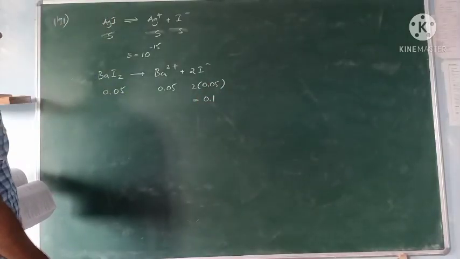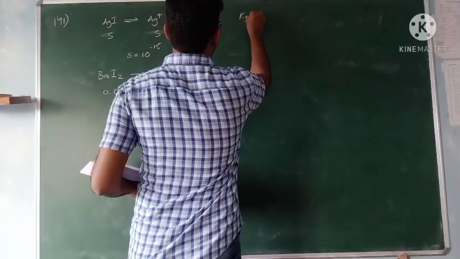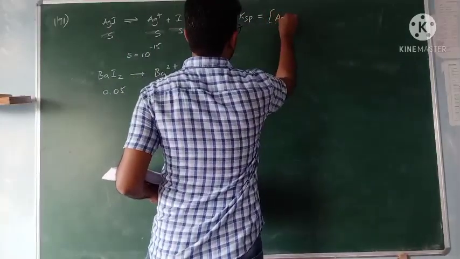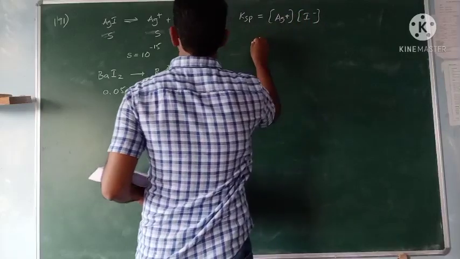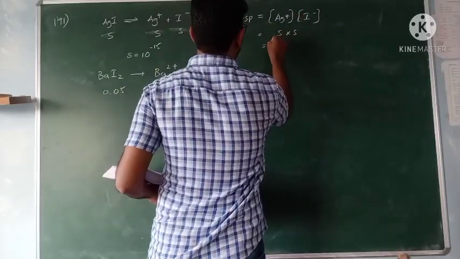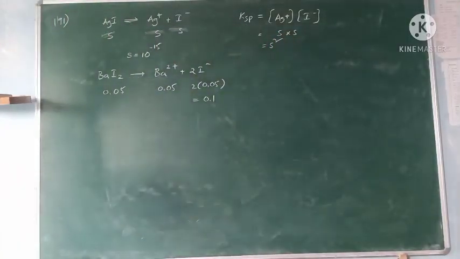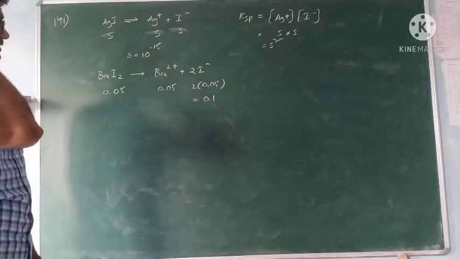Once you observe, for this one, how can you write the KSP? KSP is equal to concentration of Ag plus into concentration of I minus, that is S into S, means this is S square. This is the direct one.